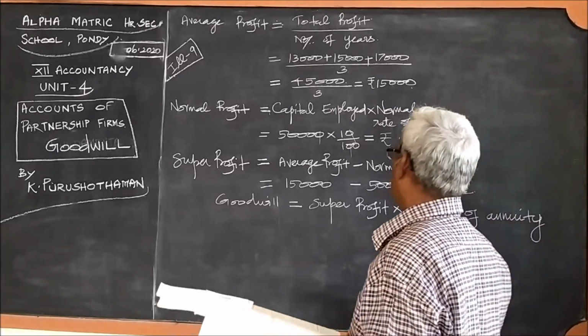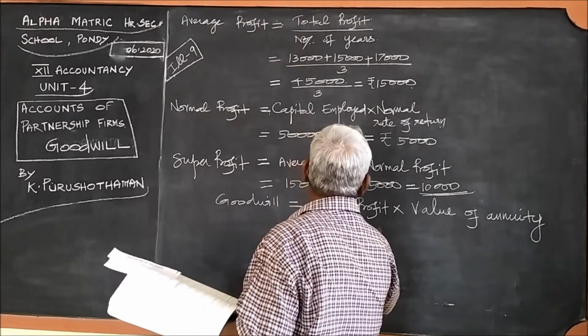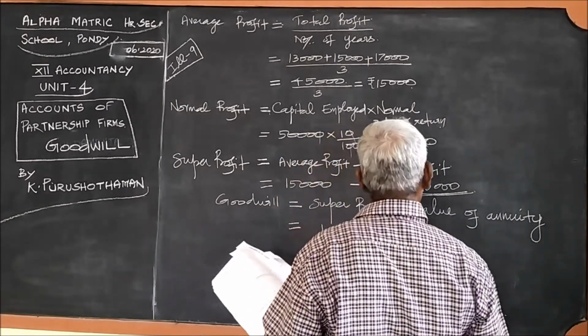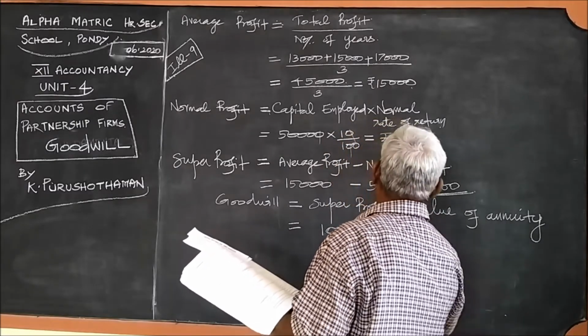So how to find the goodwill? Goodwill is equal to super profit 10,000 into the value of annuity. It is given: 2.4868.